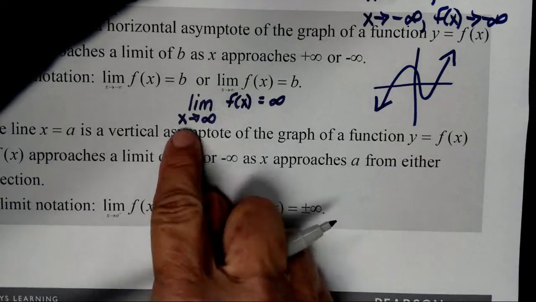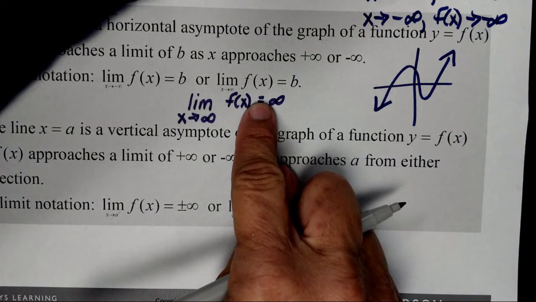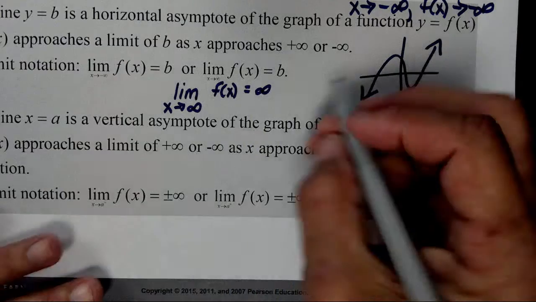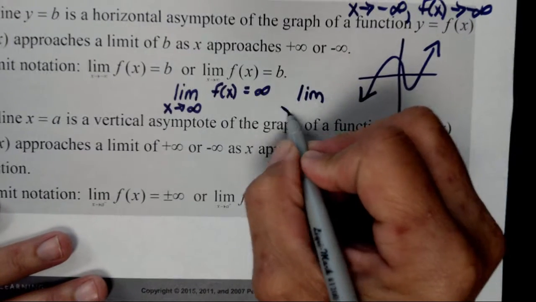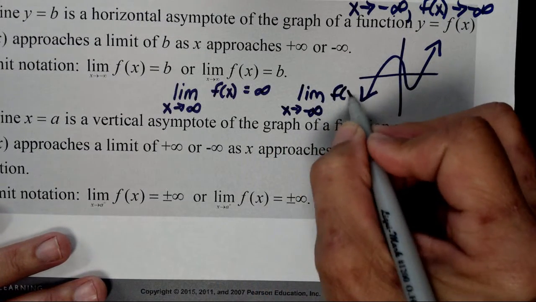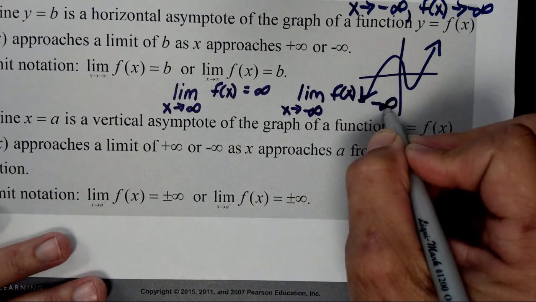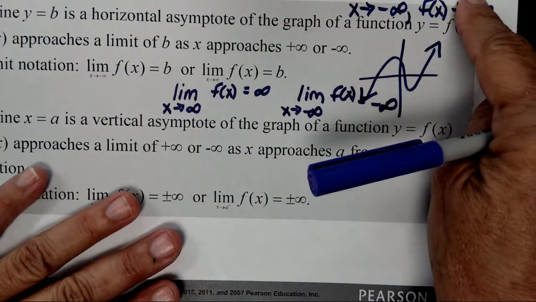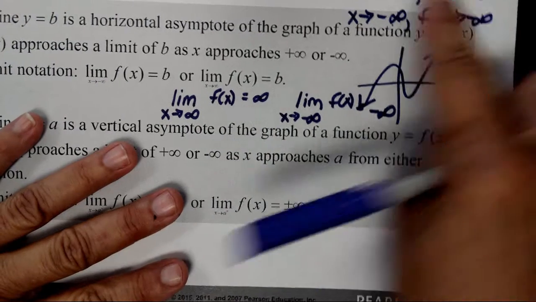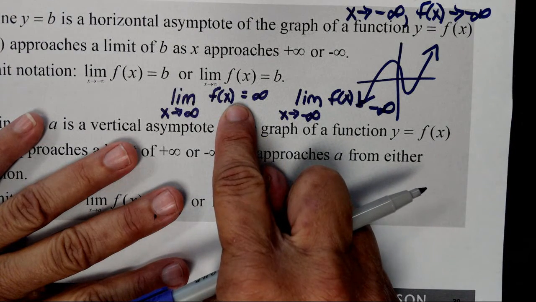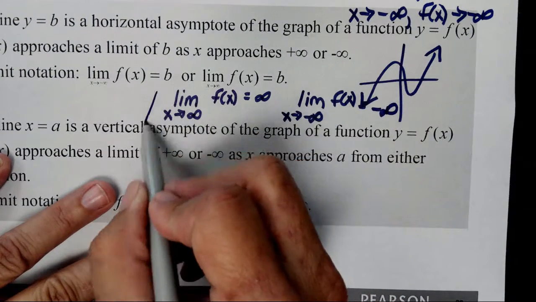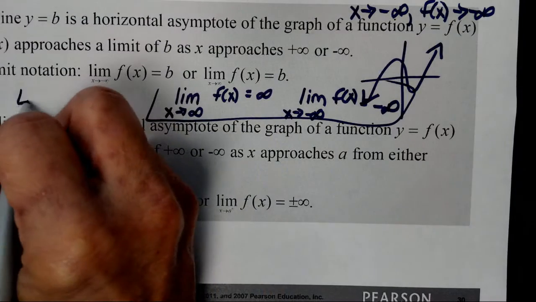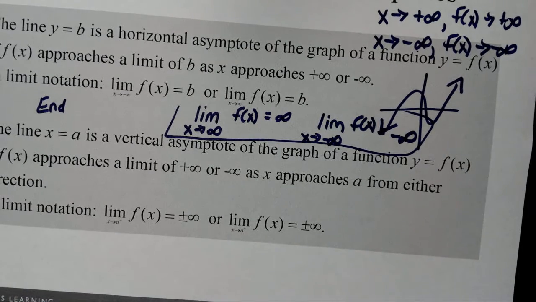So to the right, this graph is going up, and then to the left, this graph is going down. So, it is the same notation, just written differently, and instead of the arrow, you put an equal sign. So, these are referred to as your end behavior. What is it doing way out to the right and way out to the left?